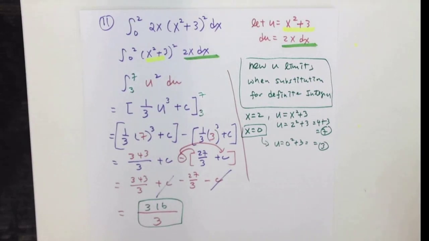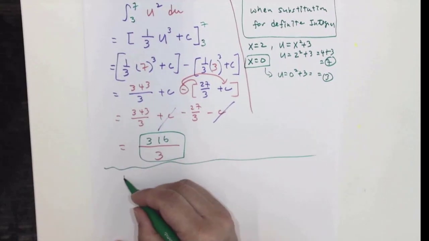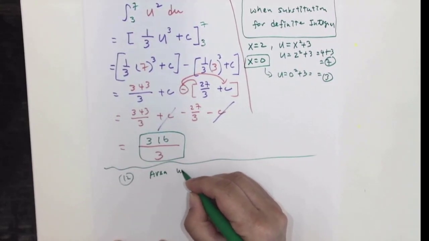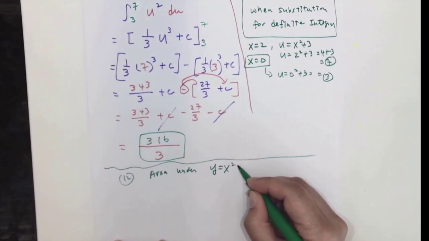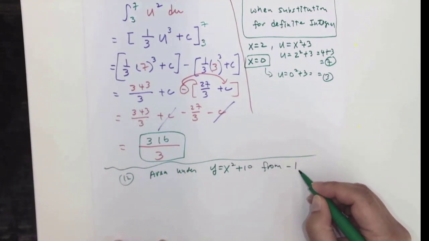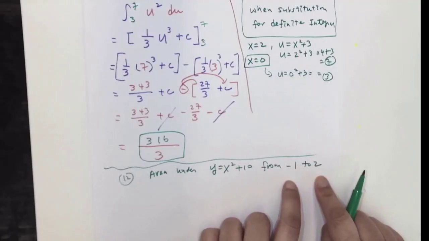Okay, that's one example. Number 12 is going to be finding the area under the function y equals x squared plus 10 from x equals -1 to x equals 2. This means I'm finding the integral.